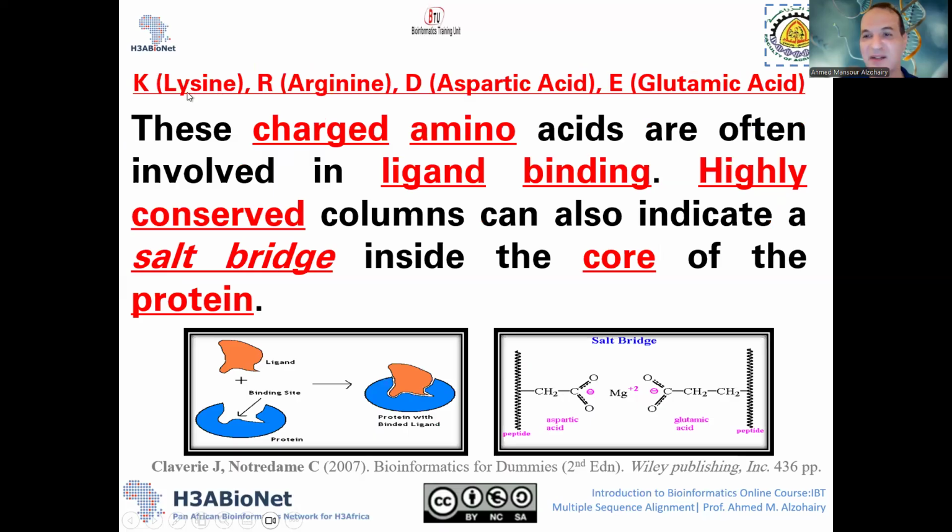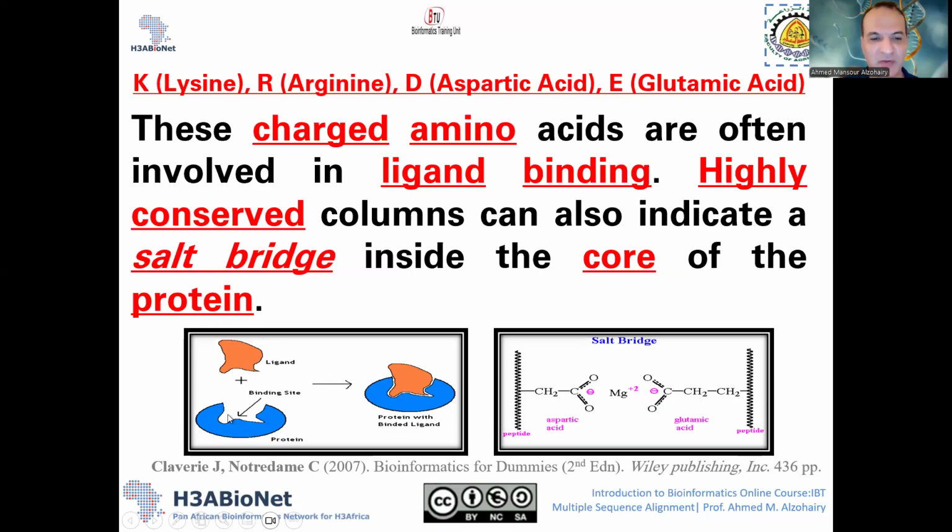Okay, what about other amino acids like lysine, arginine, aspartic acid, and glutamic acid? These charged amino acids are often involved in ligand binding, and that's very important too. There are many people who are looking for these sites in their protein, the ligand binding sites. Highly conserved columns can also indicate a salt bridge inside the core of the protein.